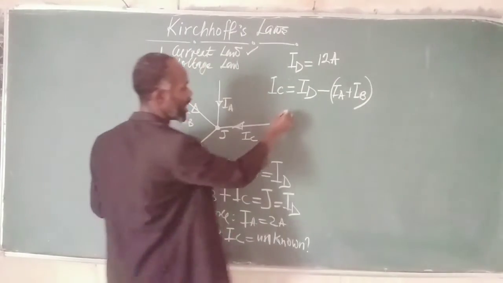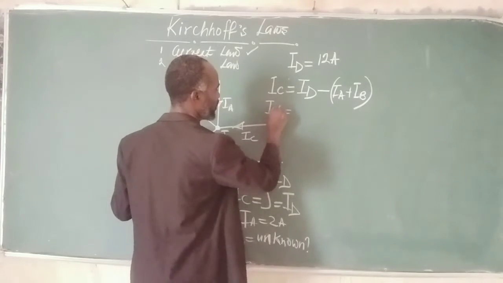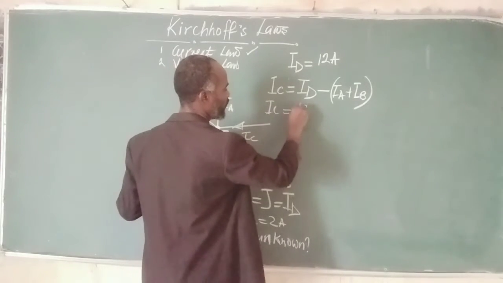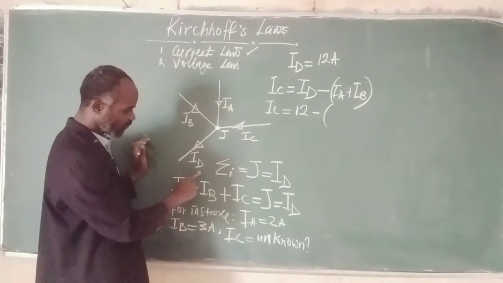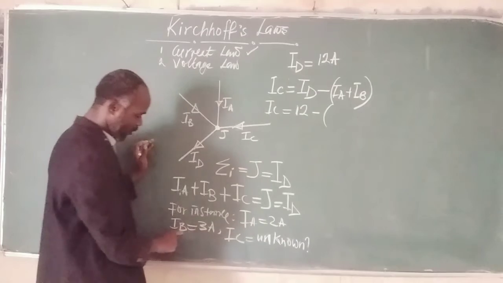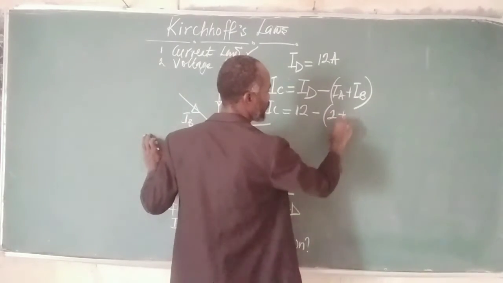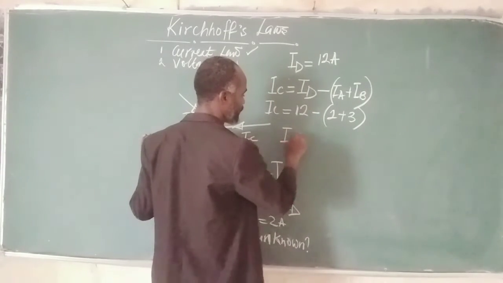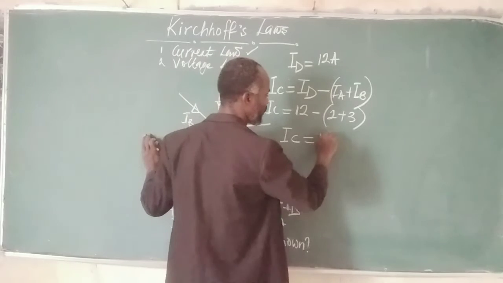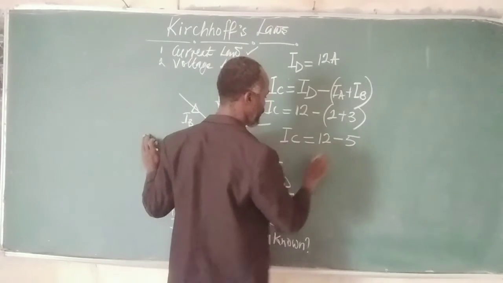So IC is going to be total current 12 minus, in brackets, current A with the value of 2 amps and current B with the value of 3 amps respectively, 2 plus 3. We continue with that: IC is 12 minus the sum 3 plus 2, which is 5.